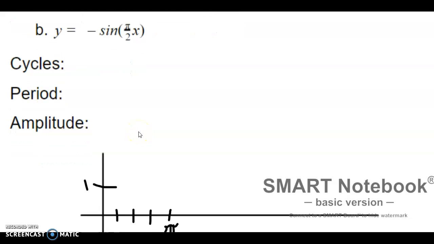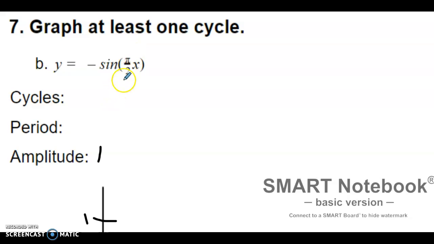On this one, we have a negative sign. So instead of going up, it's going to go down. And the amplitude is still 1 because we take the absolute value of it. The cycle is going to be pi over 2, because that's our b.